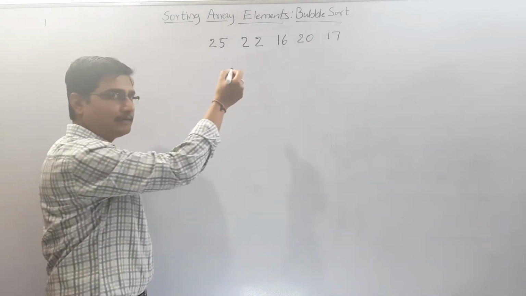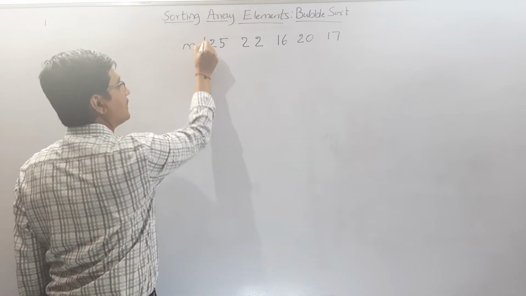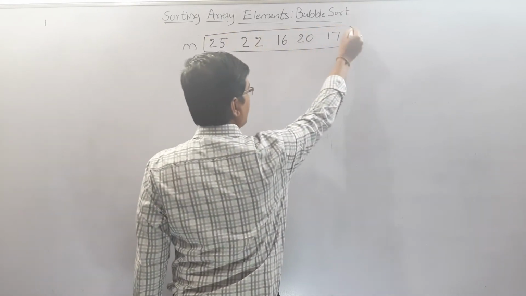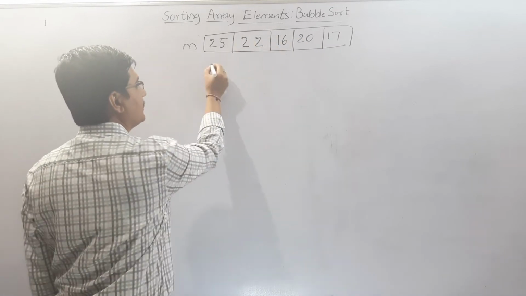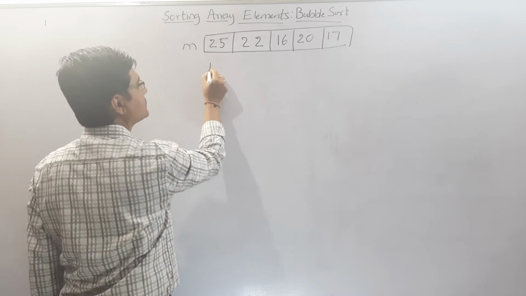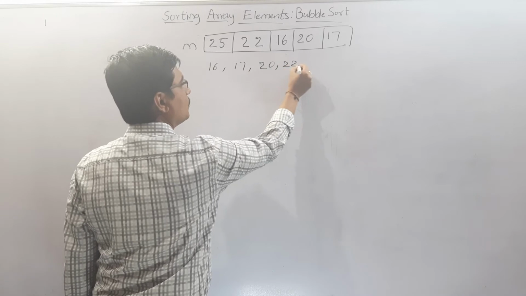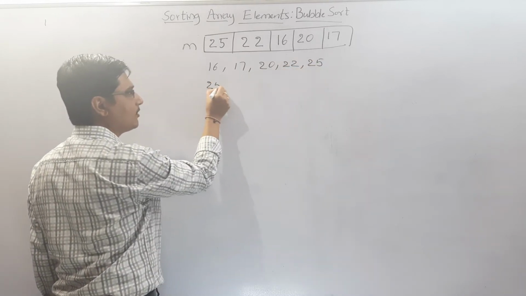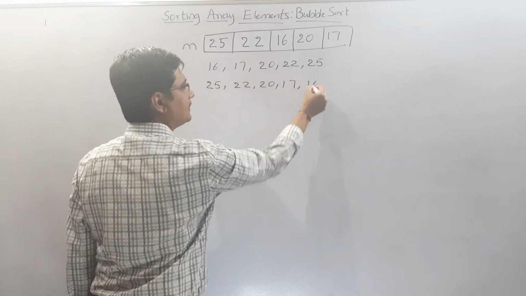Instead of storing them in individual variables, I will store them in one array M of 5. It is an array, right? If I sort them in ascending order, it will be 16, 17, 20, 22 and 25. If I want them in descending order, 25, 22, 20, 17 and 16.